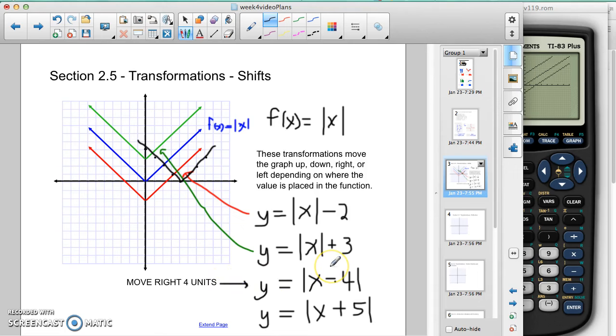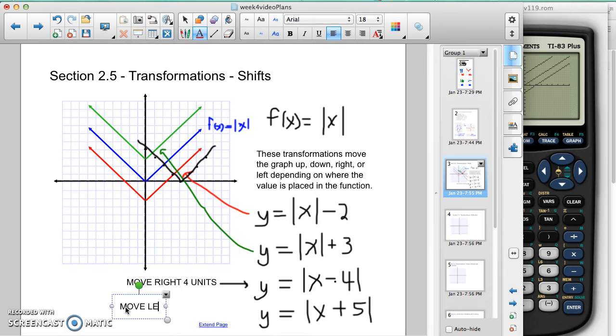Okay, so if we had a positive 5, it's going to move it the other direction. It's going to be negative. It's going to be over here in this range, so we're going to move left 5 units there. So in this case, this one's going to move left 5 units.